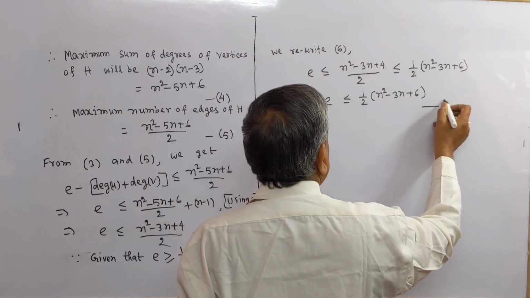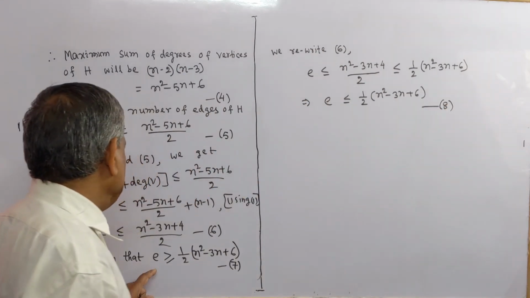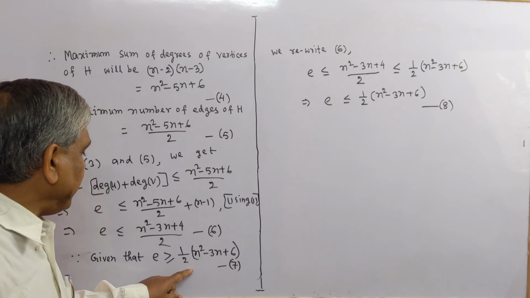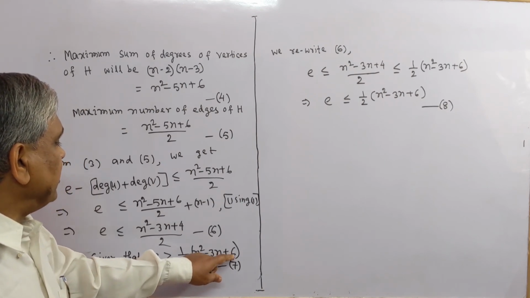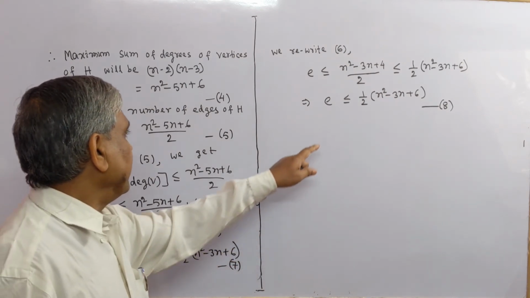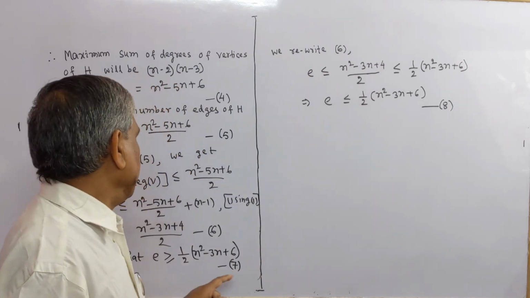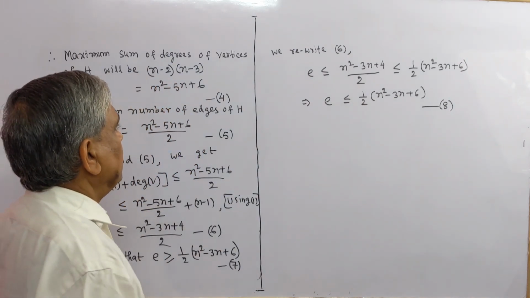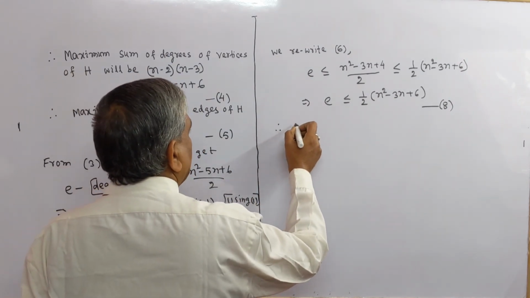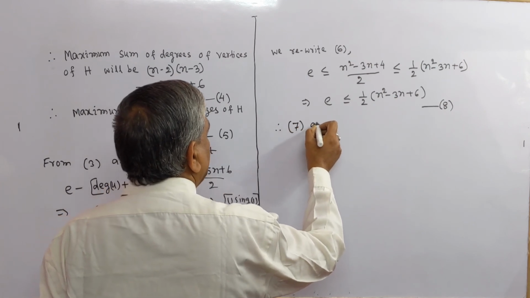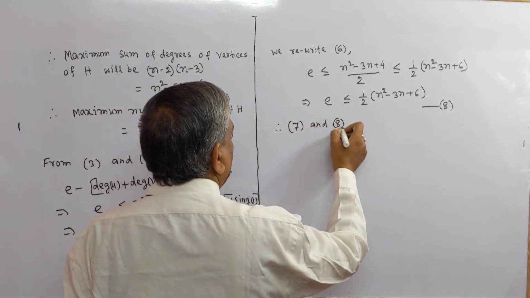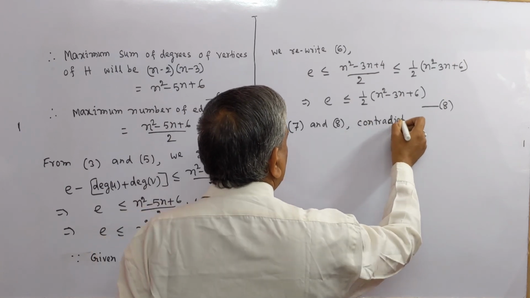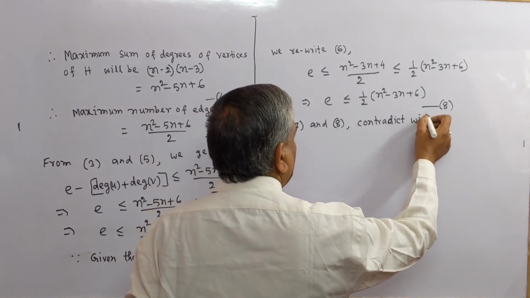This is number 8. Here we see that E is greater than or equal to half n square minus 3n plus 6, but here E is less than this value. Therefore, 7 and 8 contradict with each other.